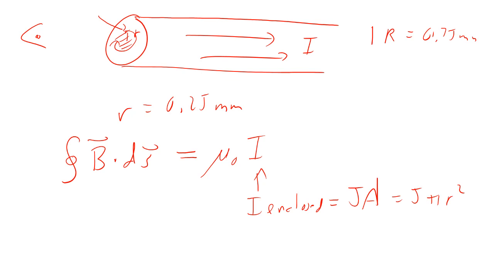The integral of B dot ds is just B times the integral of ds, and S is the distance around.